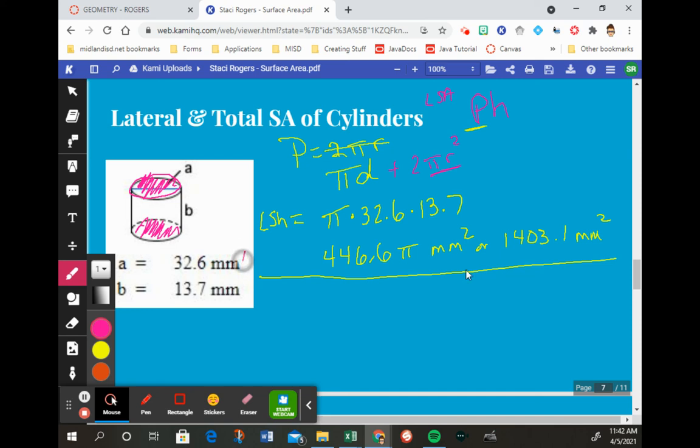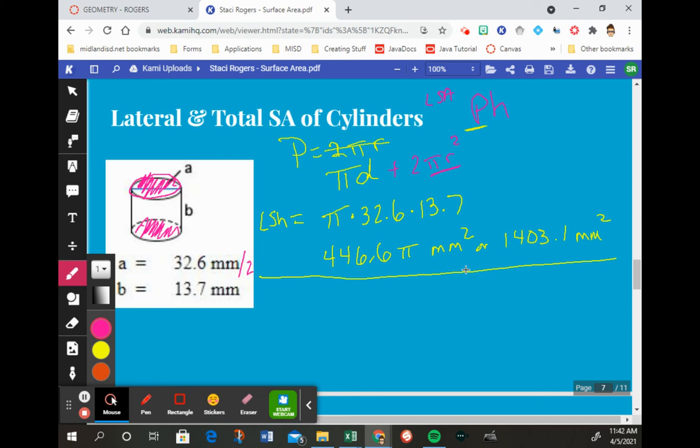Now we have to take and divide this by 2. And I'm going to use the calculator to do that. So 2 times parentheses 32.6 divided by 2 parentheses squared. Enter.